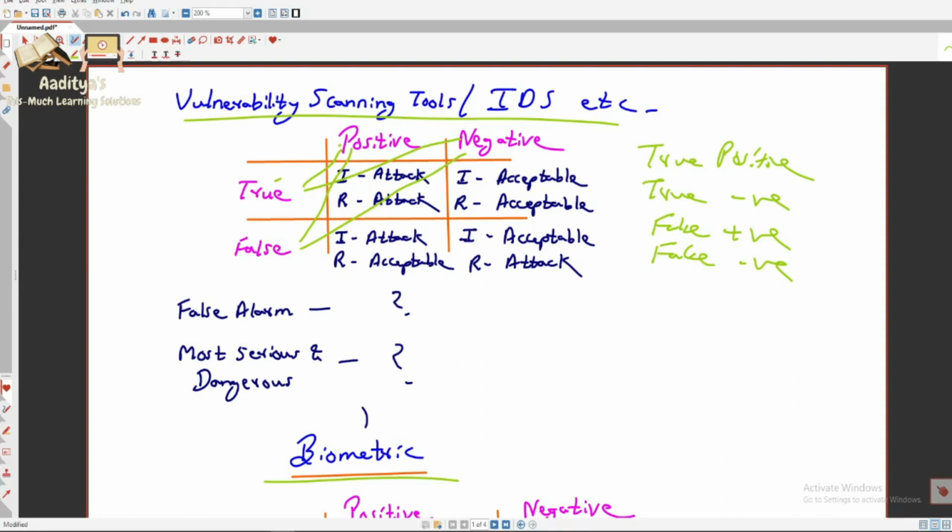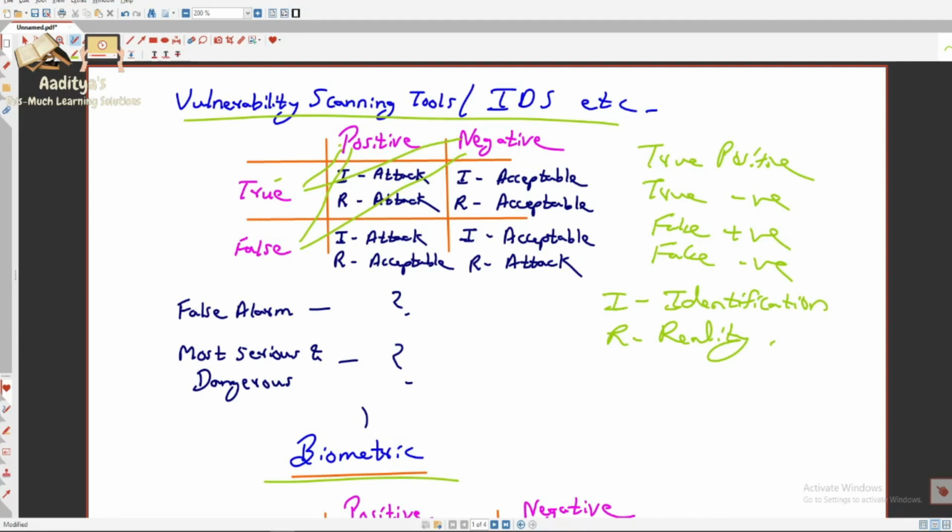Okay, now there are two things. I stands for identification, how it will identify, and R stands for the reality. What's the reality? Okay, so identification and reality.